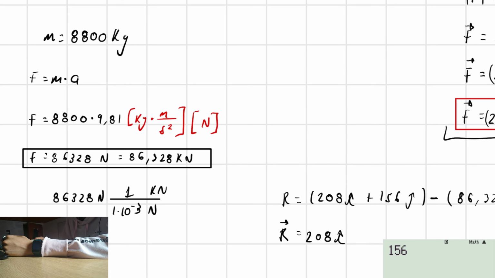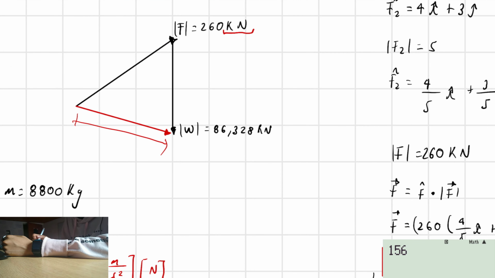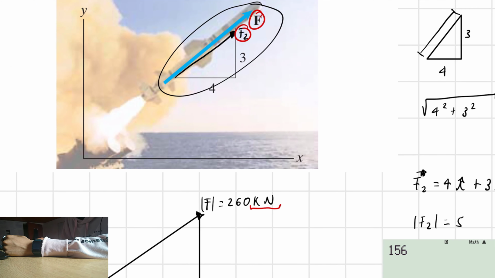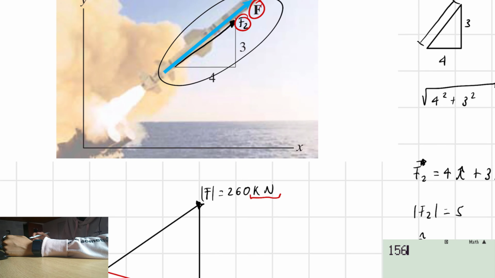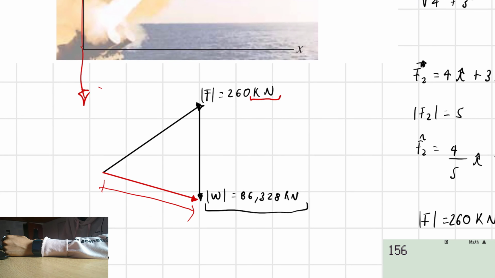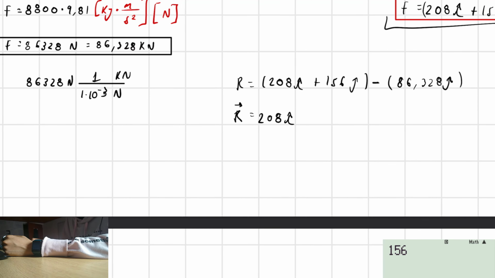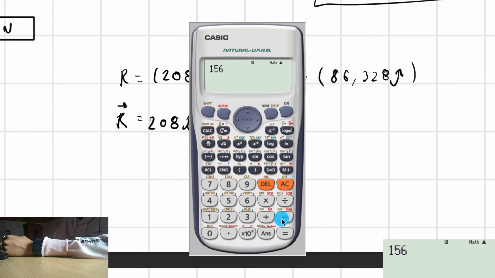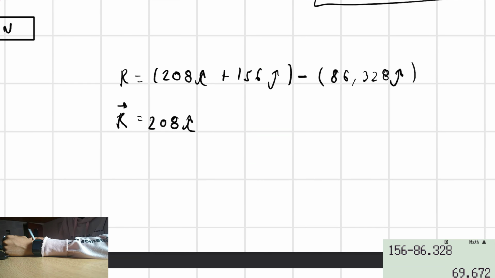Should be subtracting. Why is that? Because W is pointing towards the opposite direction of Y, so it has to be negative. Remember, positive, negative, as you can see right here. Now 156 minus 86.328, right, equals 69.67 in the J direction.